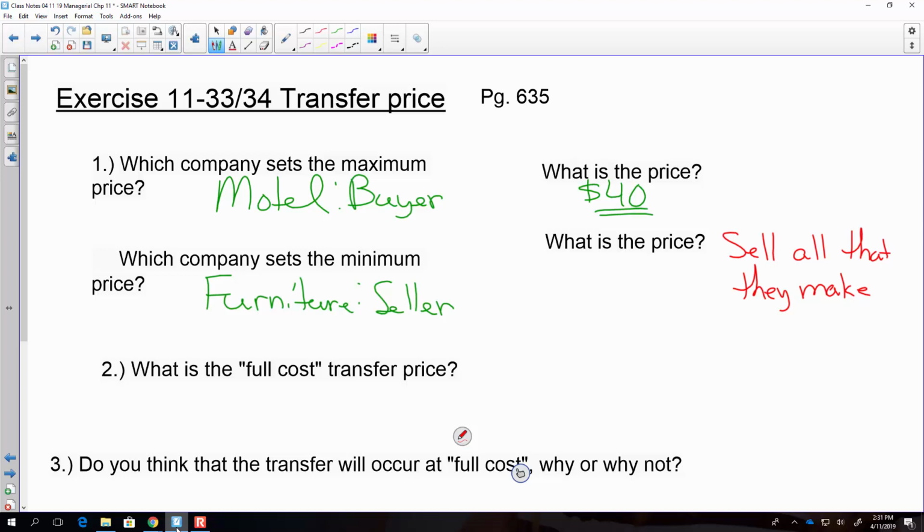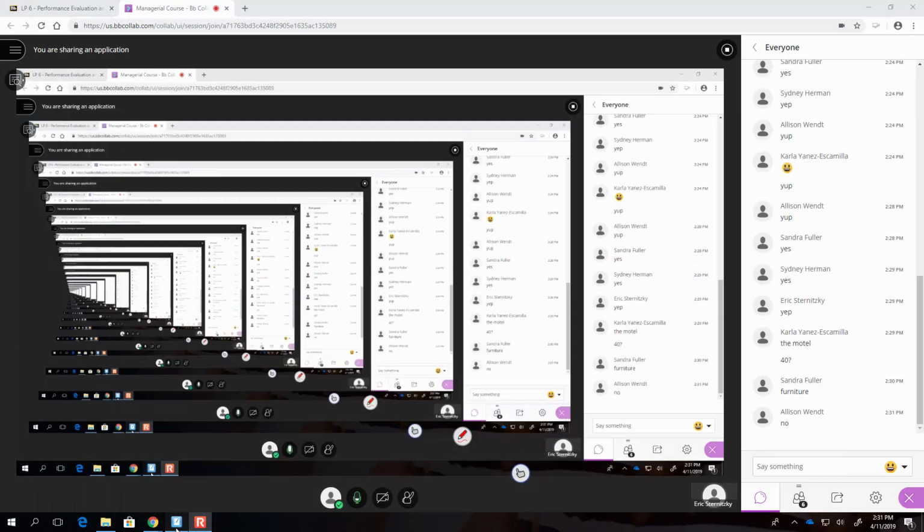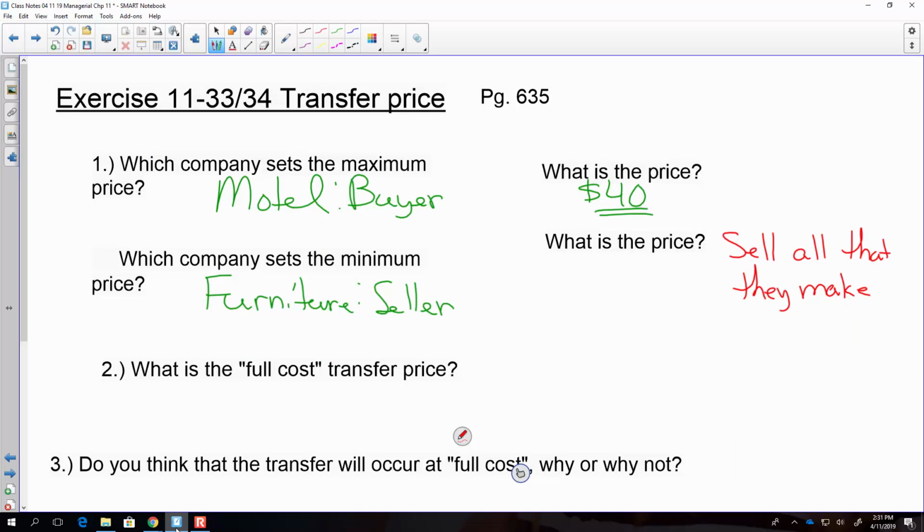So in this case, is there any incentive for the seller to sell it at a price less than 40? And basically, guys, the answer is no. 40, exactly, Allison. 40 is the same floor amount.